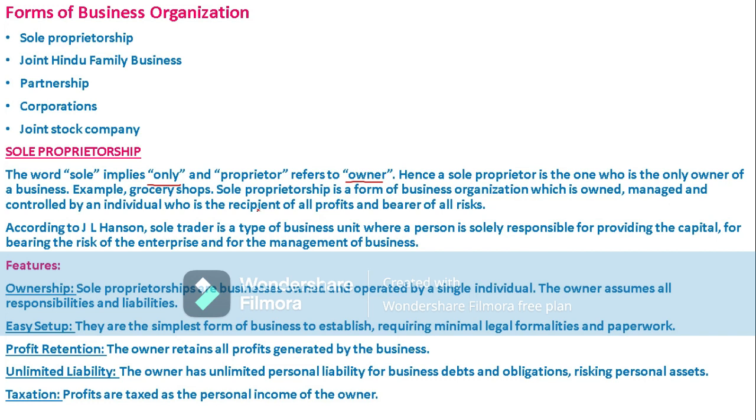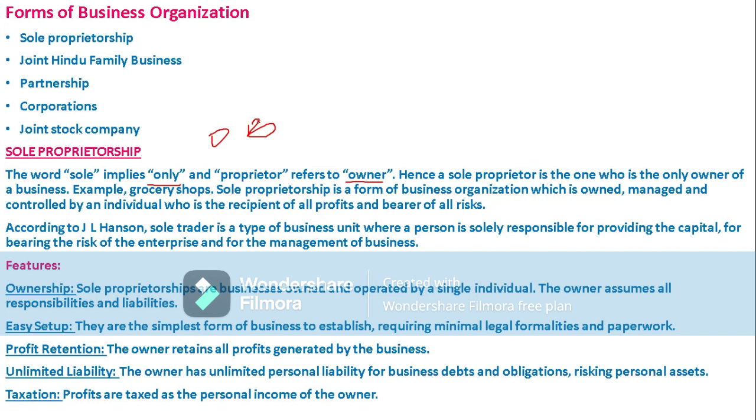Here in sole proprietorship, this structure has no legal distinction between owner and business itself. Actually, a company will be treated as a separate legal entity, but under sole trade or sole proprietorship, both owner and the business are the same. There is no legal distinction between the owner and the business. There is no separation, both are the same.